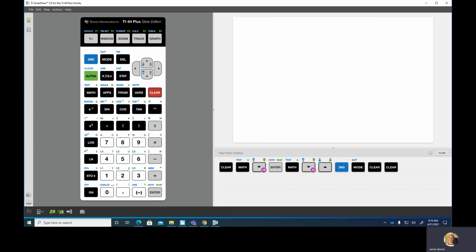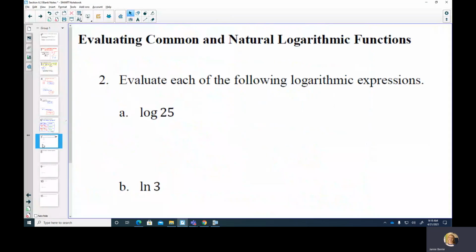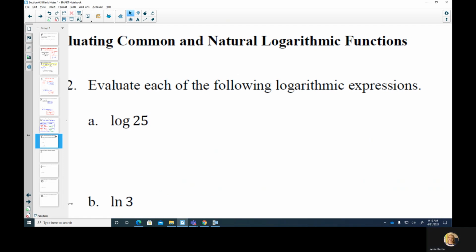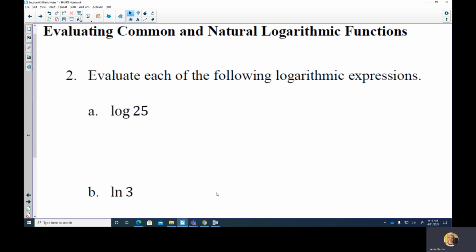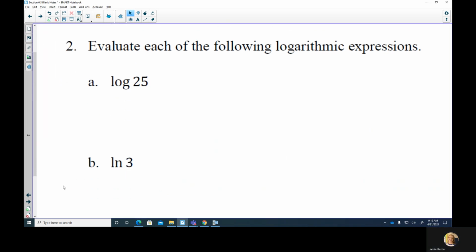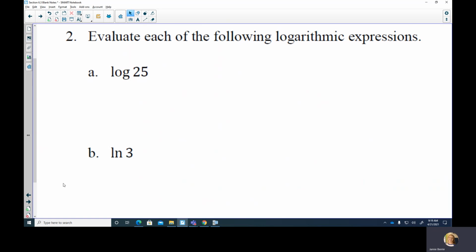All right, so we're just going to do a few easy examples where we're going to plug stuff into our calculator. So this says evaluating common and natural logs. So we're going to evaluate each of these logarithmic expressions. We have log of 25.